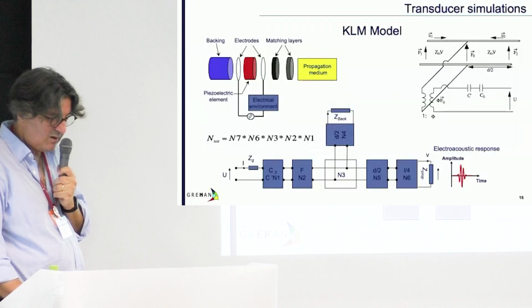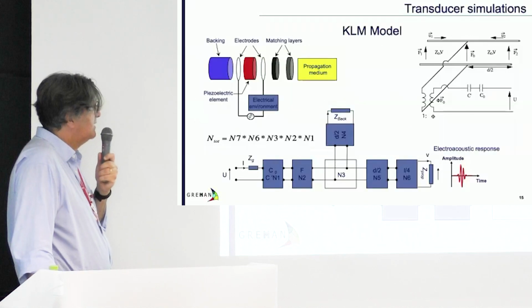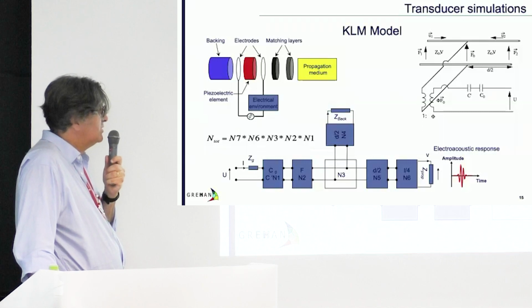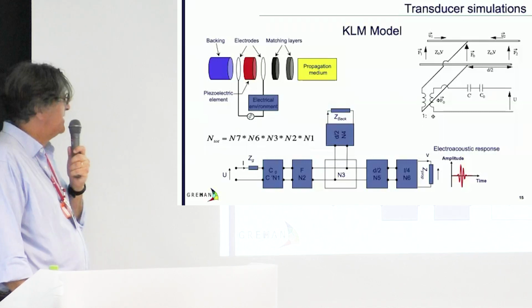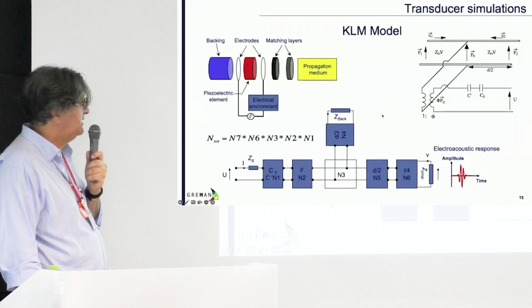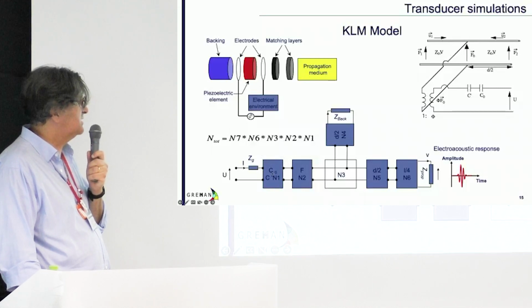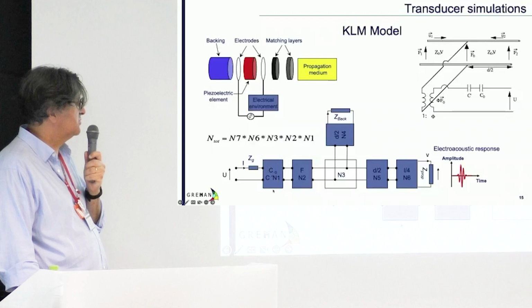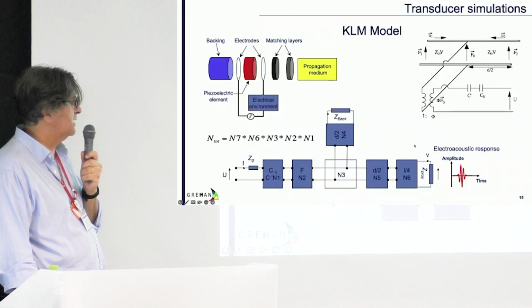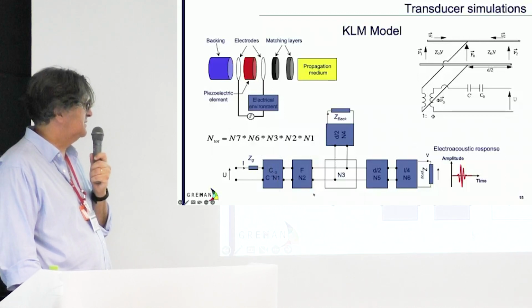So this is what we have done. We have done it using the KLM model. So just an equation here. But I don't go into detail about the KLM model, but this allows us to predict the electroacoustic response. It is based on matrix transfer multiplications, where each component of the transducer, and even electrical or mechanical, is characterized by a matrix transfer.